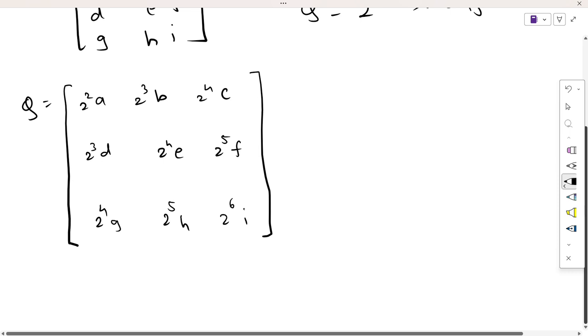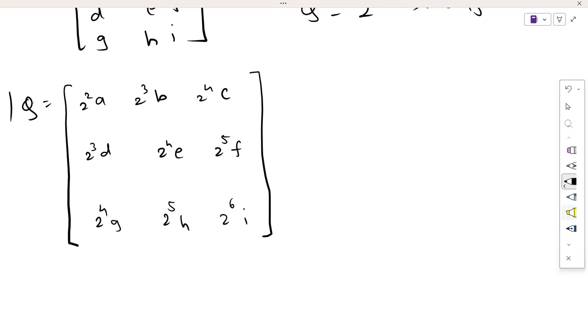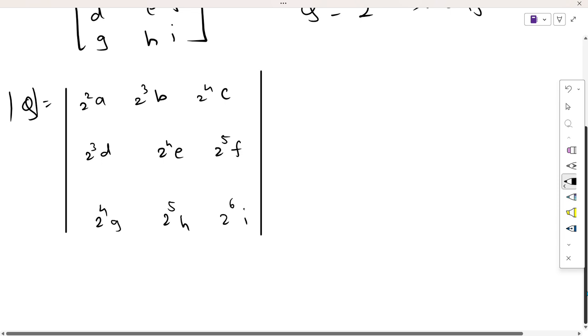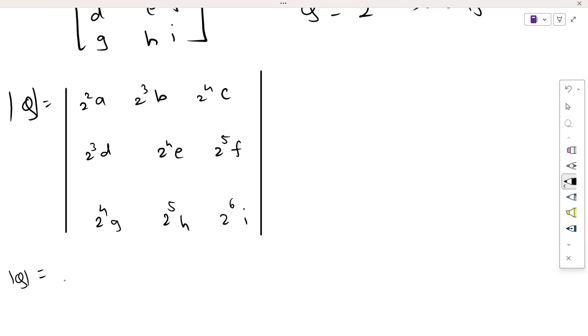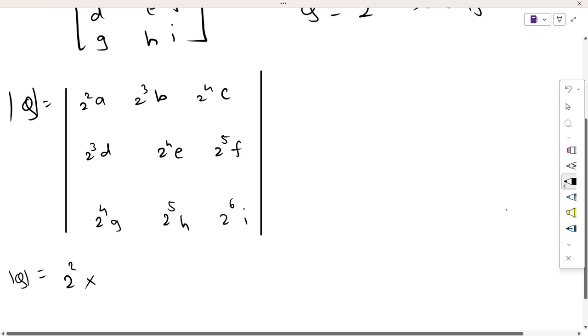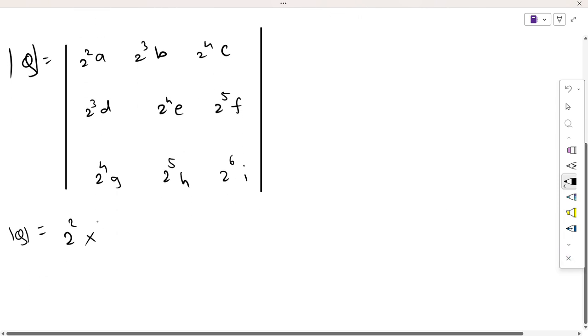Now if I take determinant of matrix Q, it will be like this. So this is determinant of matrix Q. Now the property we'll use here is something like this. I can take this 2 square common from all from the same row, right? So I'll take 2 square as common from the first row.